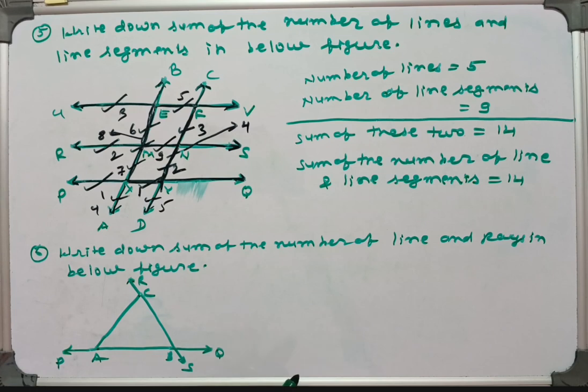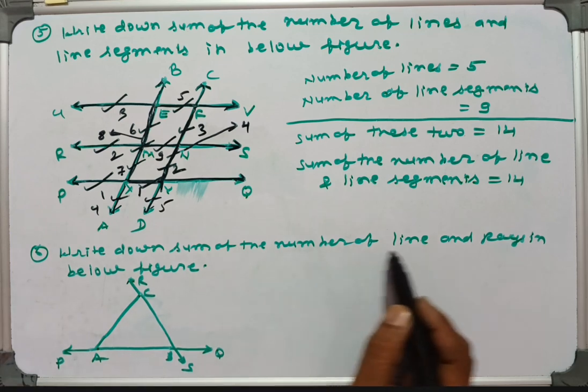See the figure. Now you guys always remember, when we are talking about a line segment, line, or ray, the path must always be a straight path. Okay, now we solve the question one by one.